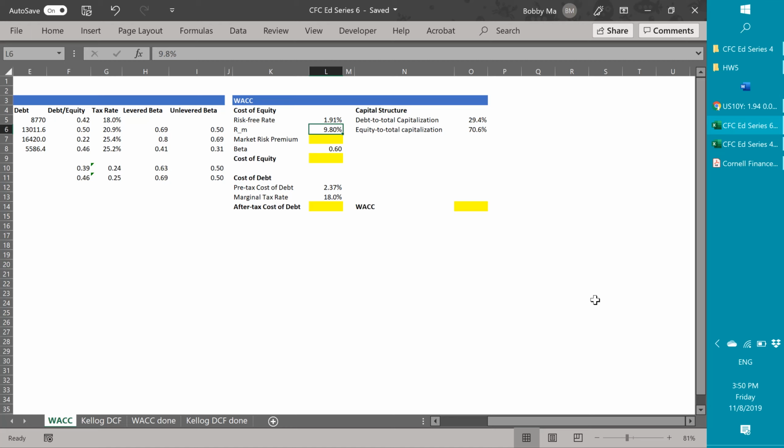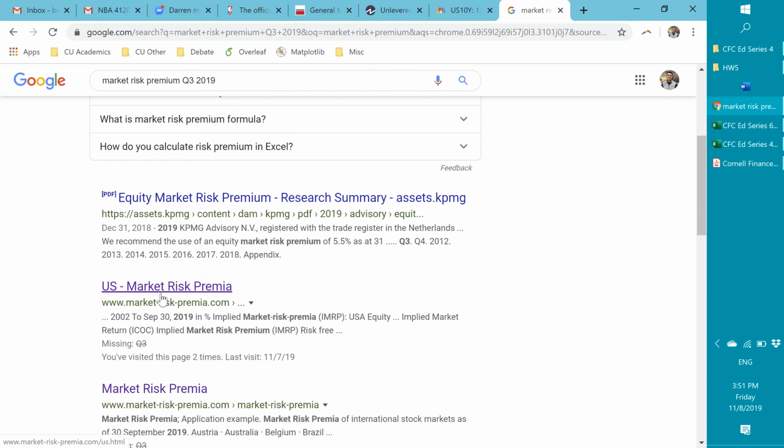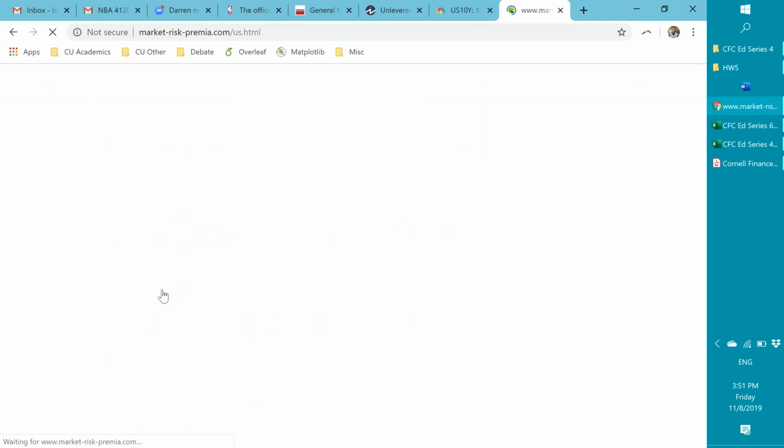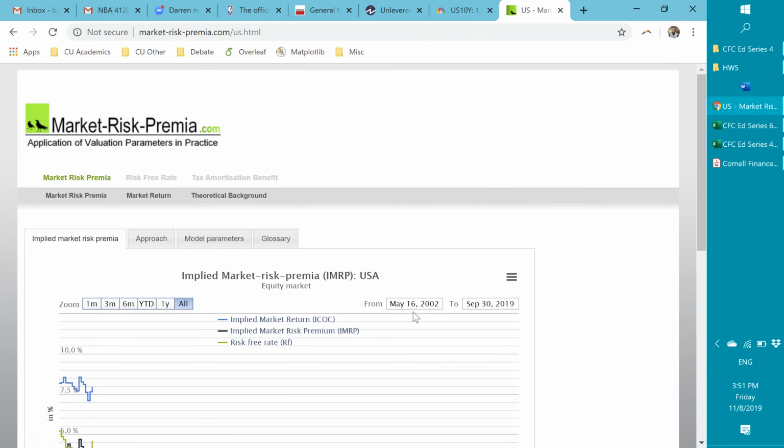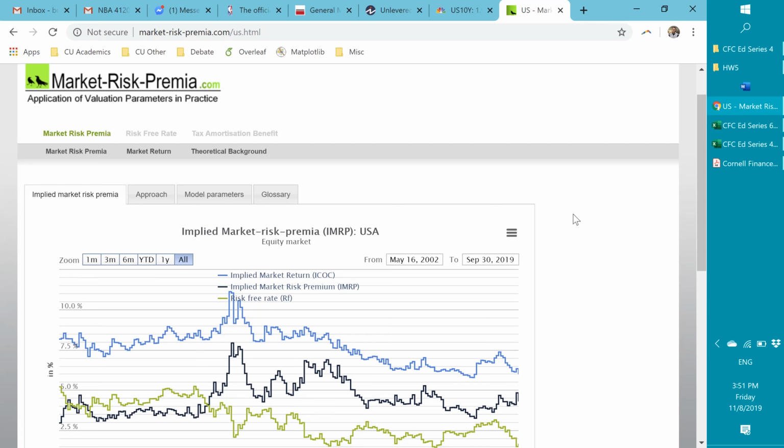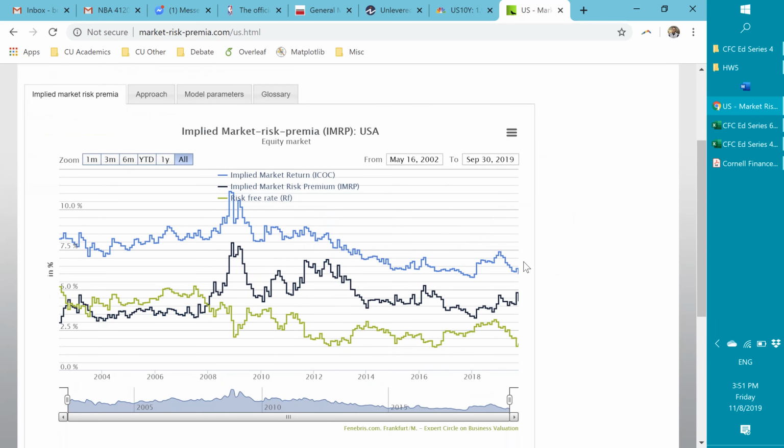If you just look at market risk premium, different companies will put out different reports. Normally we use something called Ibbitson's, but I don't think we have access to it. At least I couldn't find access to it, so I would just use this website. As you can see, the market return used to be quite high, and then it has since crashed, going on as the growth period has continued, and now that people are expecting a recession, it's starting to dip lower.